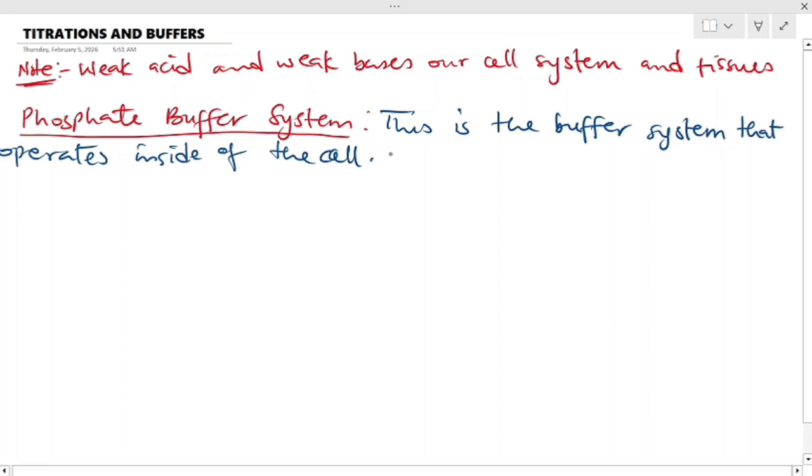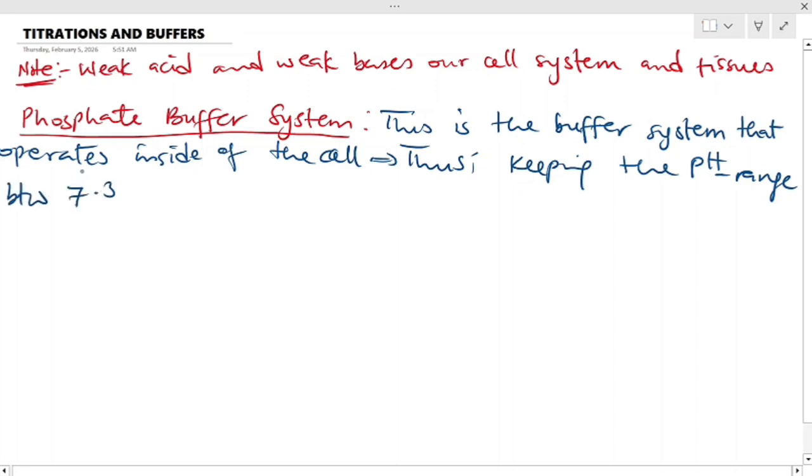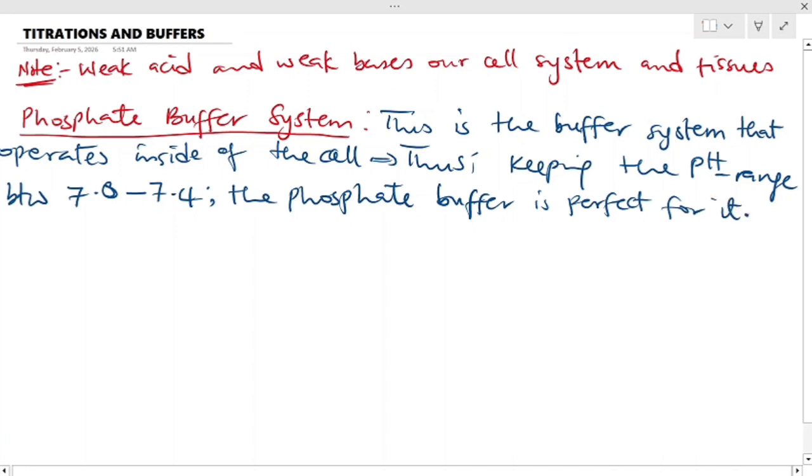So inside of the cell, keeping the pH range between 7.0 to 7.4, the phosphate buffer is perfect for it.